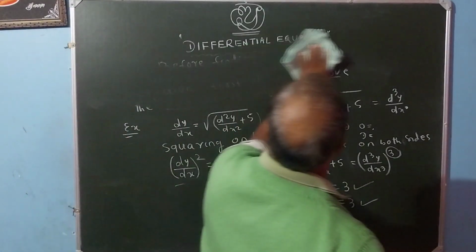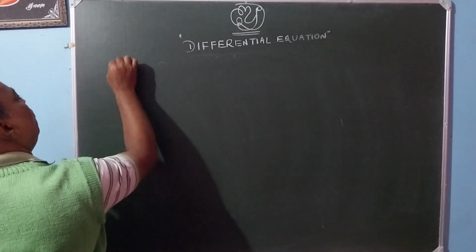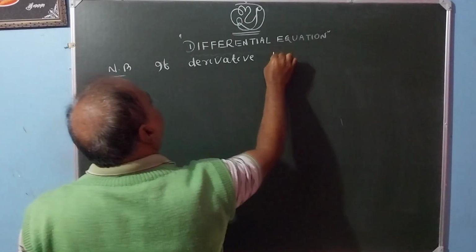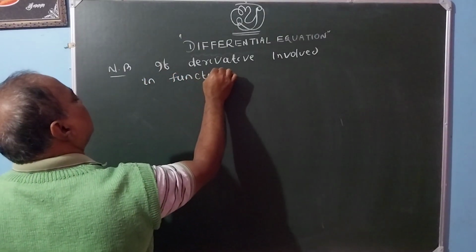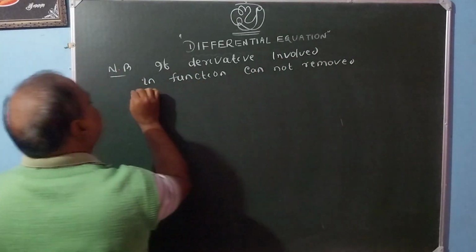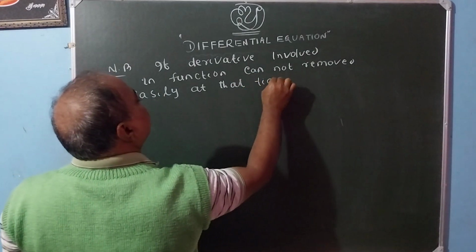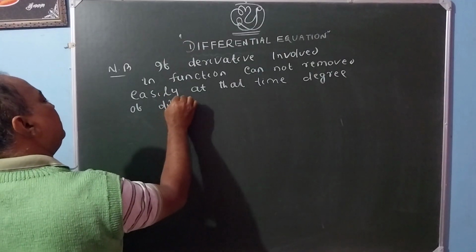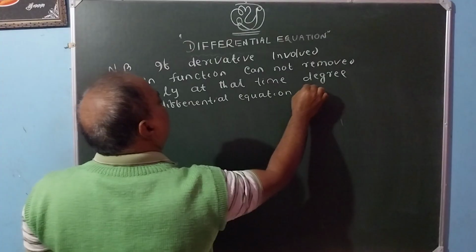Next, point 2: if the derivative involved in a function cannot be removed easily, at that time the degree of the differential equation cannot be defined.